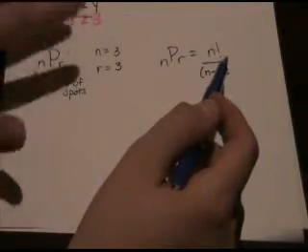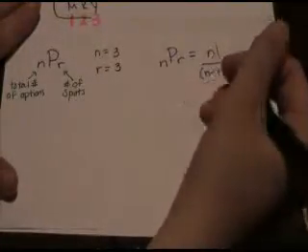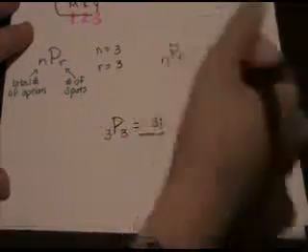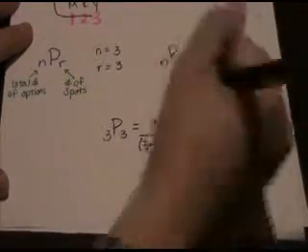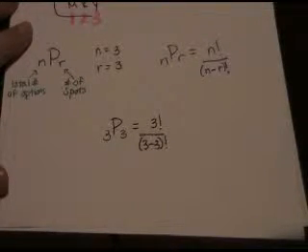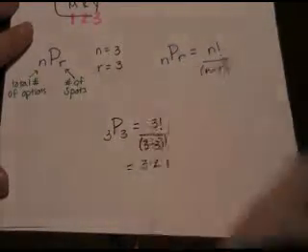Okay, so taking that formula, let's fill in our data for our example. We know that N is 3, R is 3, so plug it in. Okay. When you've done that, go ahead, order of operations. We know that 3 factorial is 3 times 2 times 1.